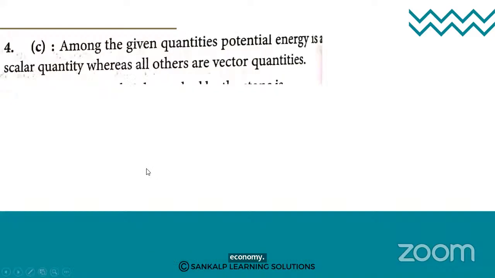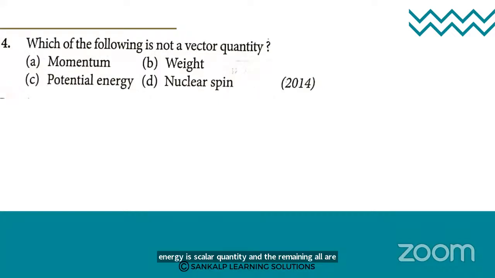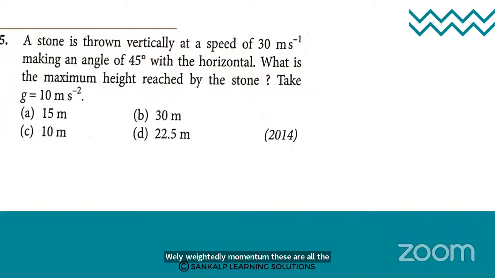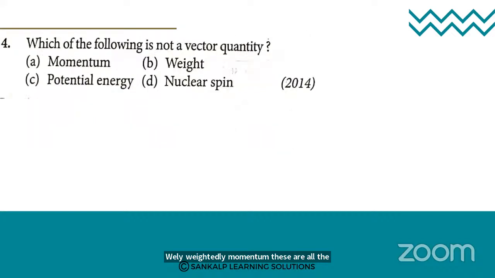Yes, it is C. Among the given quantities, potential energy is a scalar quantity and the remaining are all vector quantities. So nuclear spin, weight, momentum, these are all vector quantities, and this is a scalar quantity.